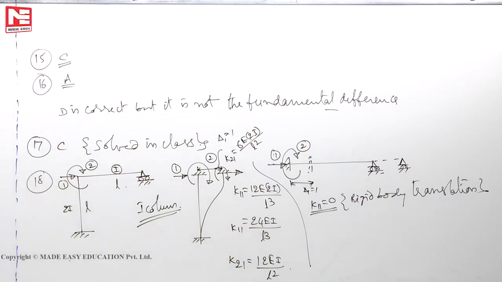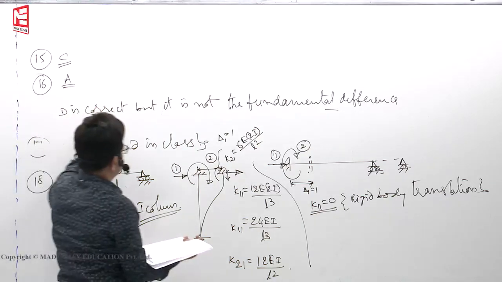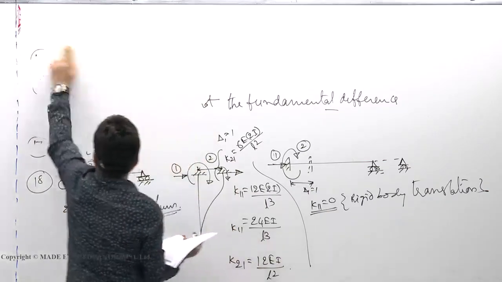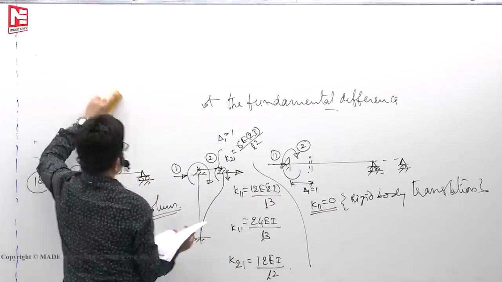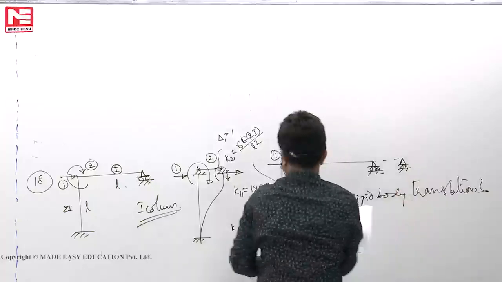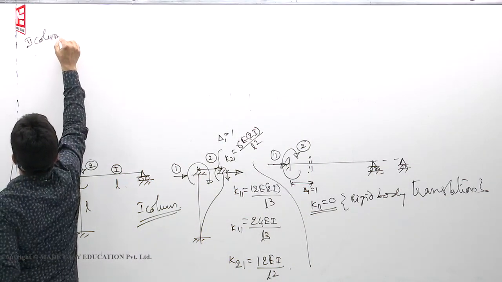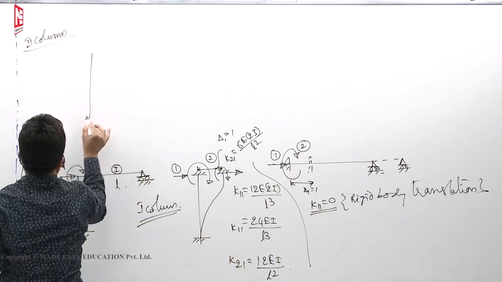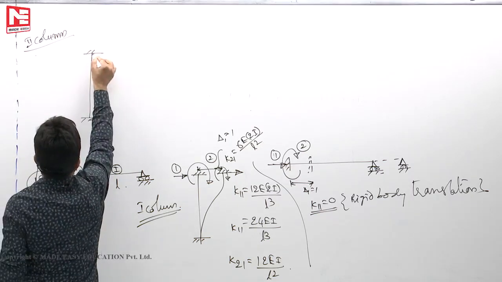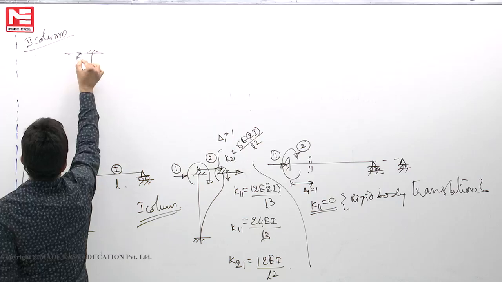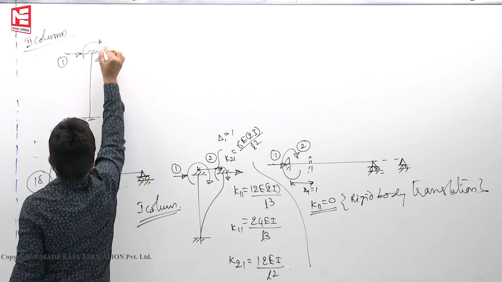Then the second column. Fix it. This is coordinate 1, coordinate 2.